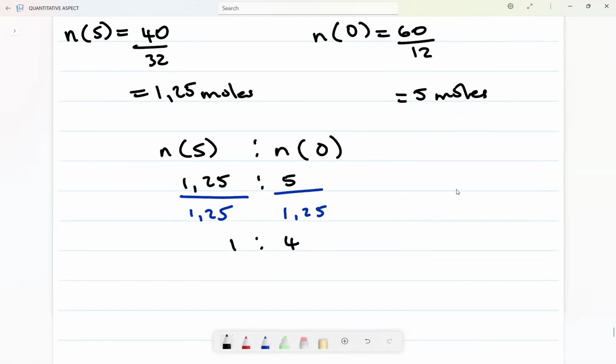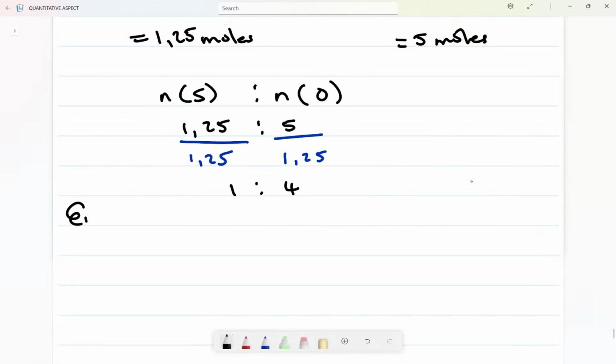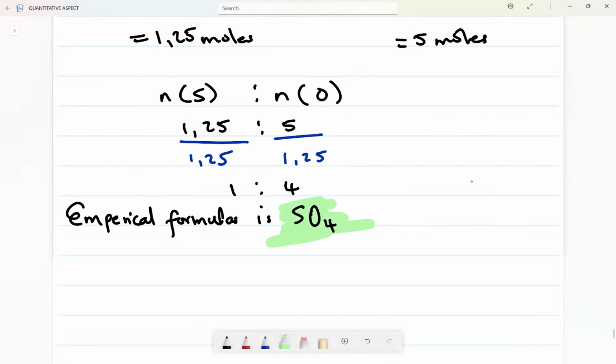Then it tells me that my empirical formula is S, it is 1, then O, how many are they? They are 4. So this is the empirical formula of that particular substance. Can you see how easy it is?